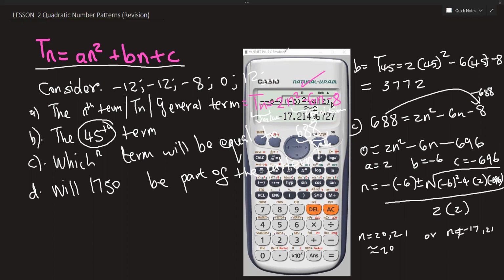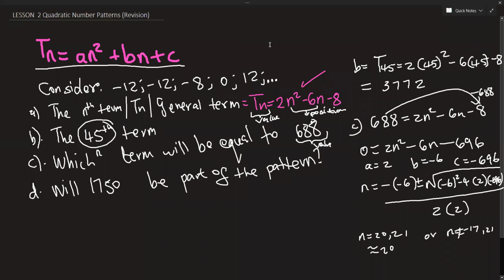So now let's do the last question in this activity. The last question is asking us if this value will be part of the pattern. So the idea is we're still going to do the same thing we did for C, but we need to get a whole number if it's part of the pattern. 2n squared minus 6n minus 8.